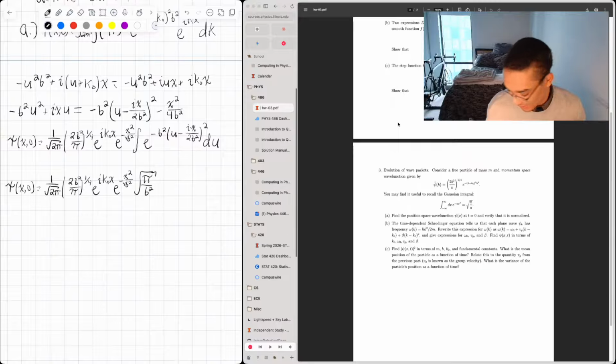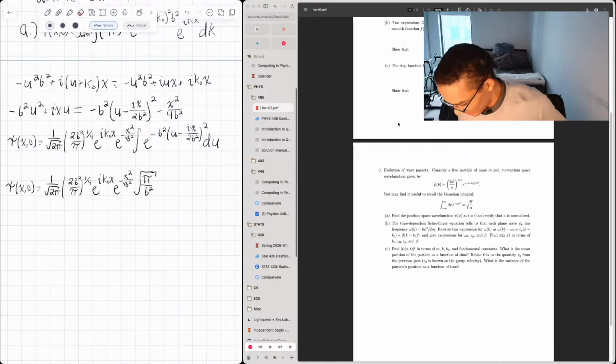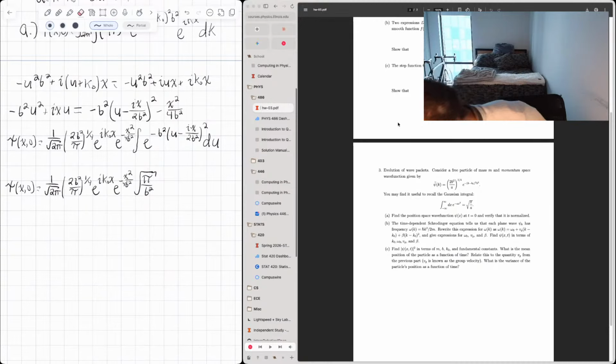Bro, the writing on this equation sheet really is quite small. Like, actually, I can't really read this. No, it's fine.